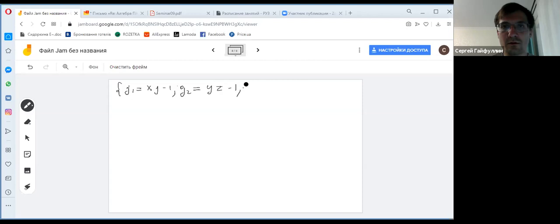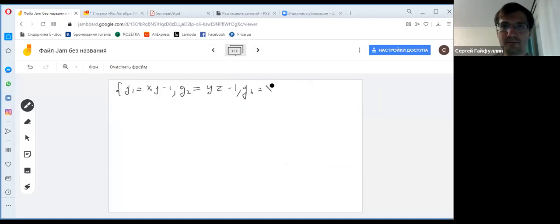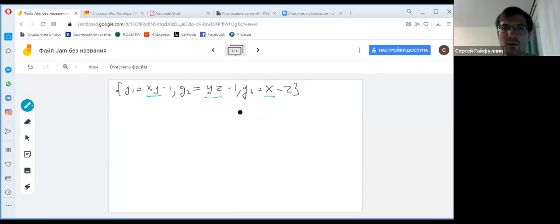And G3 is equal to x minus z. Now I need to compute the leading terms. I have considered that this is the leading term of G1, this is the leading term of G2, and of course x is the leading term of G3.